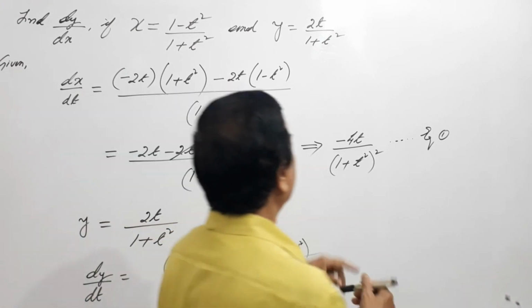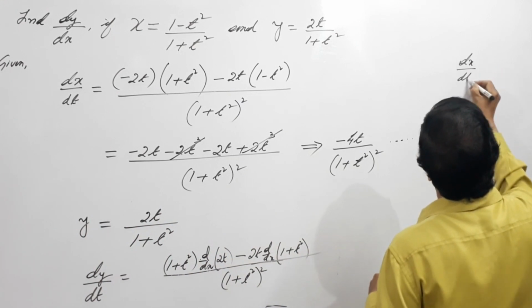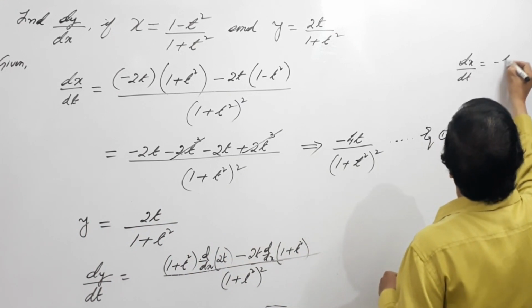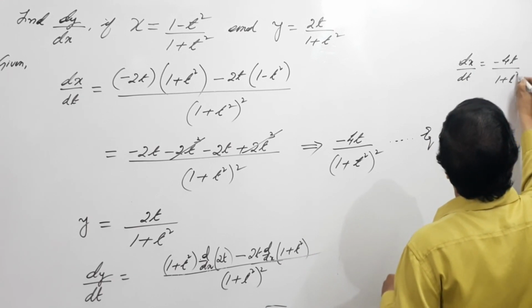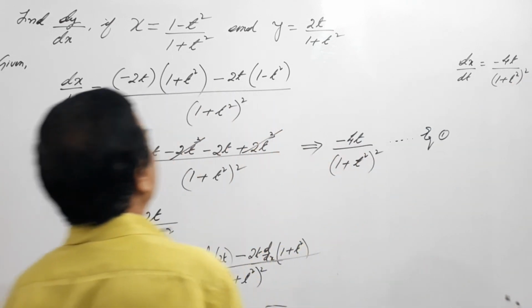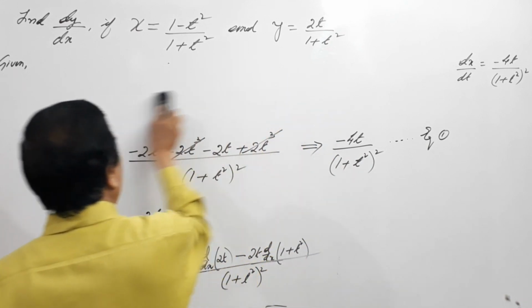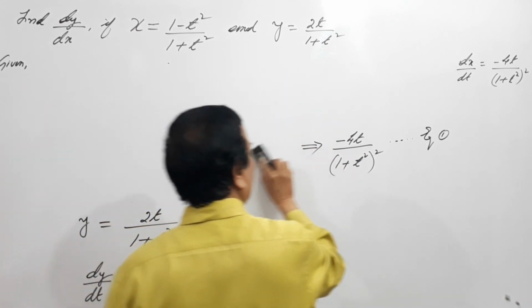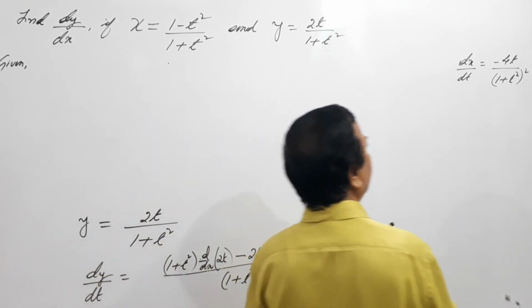So I will copy this here: dx by dt is minus 4t by 1 plus t square the whole square. This is our equation 2.